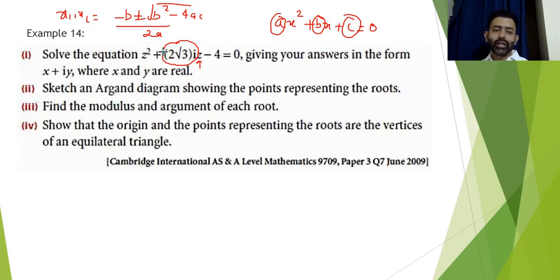So let us see, and the formula we can use is the same formula, right? This formula for solving a quadratic equation applies to each and every quadratic equation, whether the roots are real or complex, or whether the coefficients are real or complex.